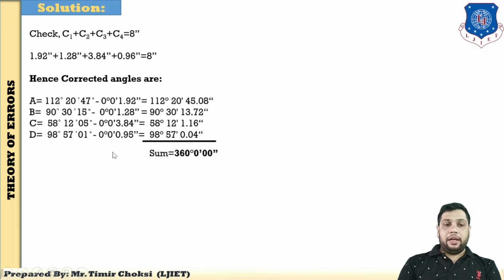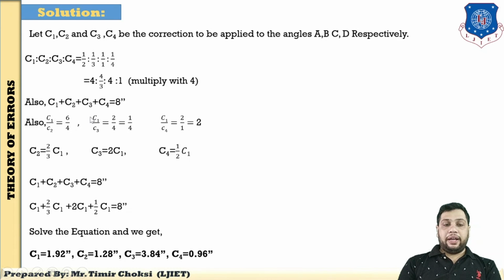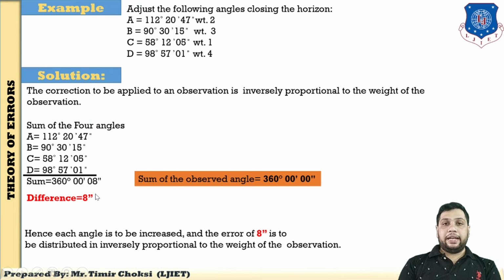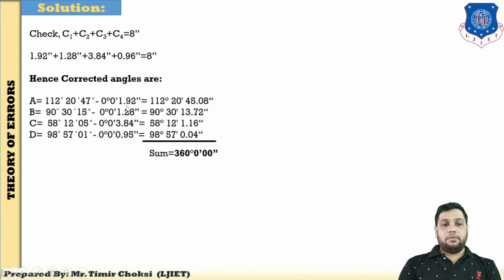Here, corrected angle is observed angle minus correction, because 8 seconds is more than 360 degrees. 360 degrees 00 minutes 08 seconds is greater than 360 degrees. So here the error is positive, so the correction is negative, minus from the observed angle.